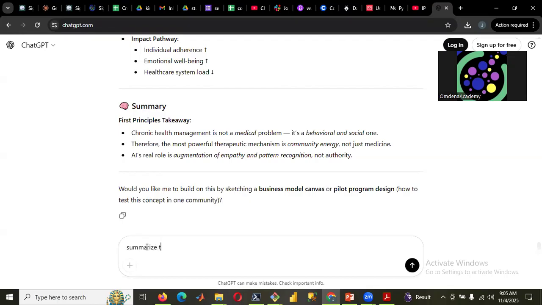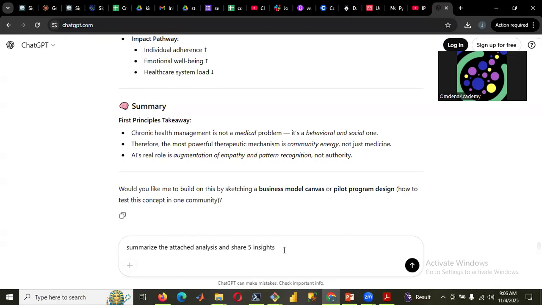Summarize this analysis and share 5 insights. I can tell you to do this: summarize the attached analysis and share 5 insights.